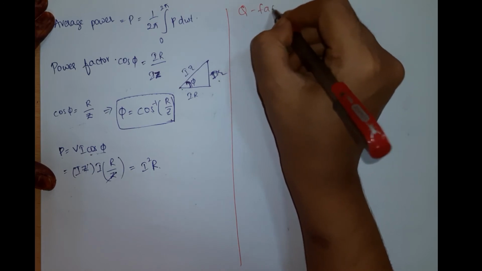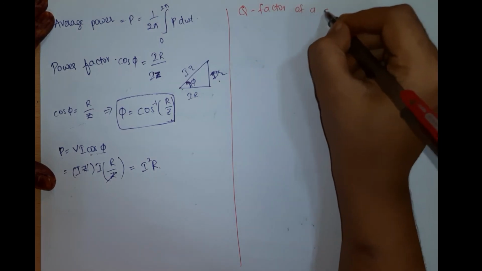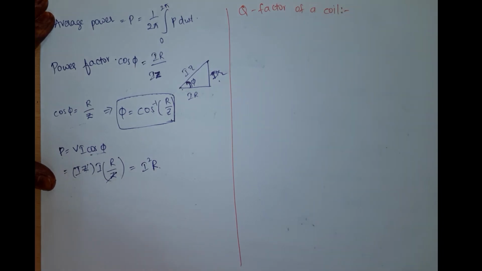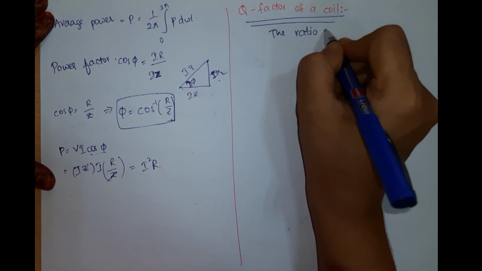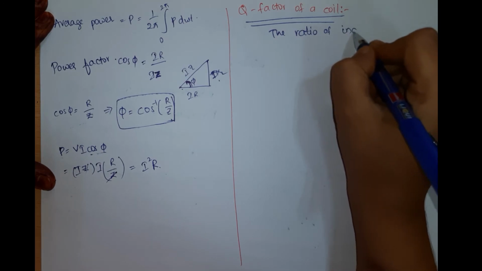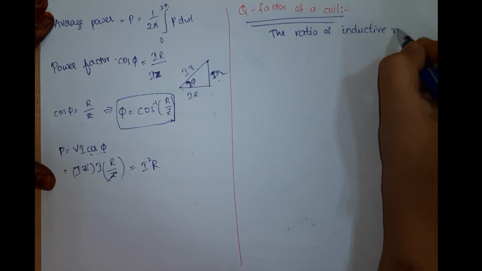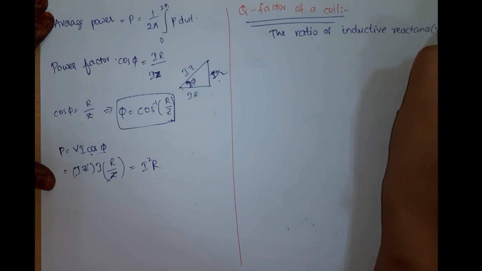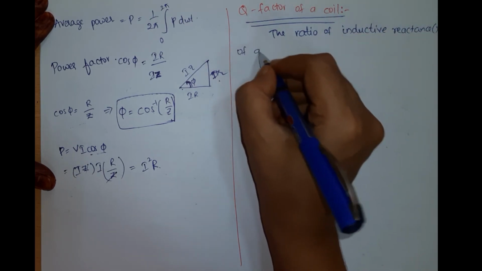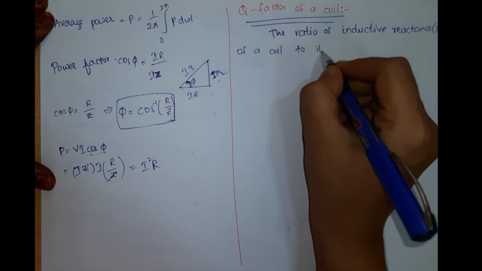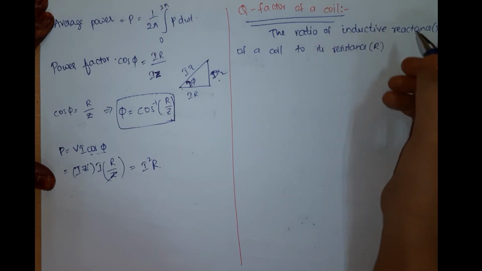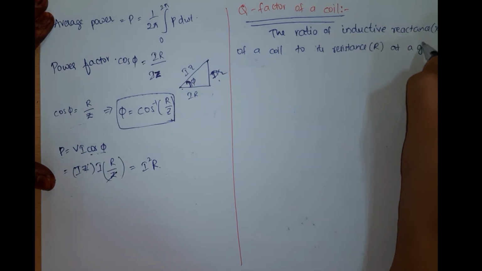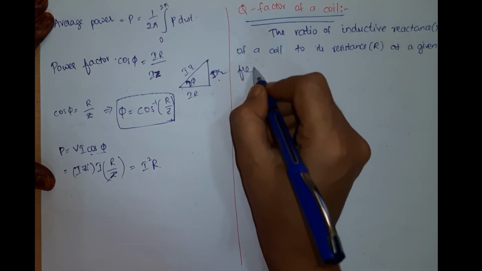Q factor, or quality factor of a coil. This quality factor is nothing but the ratio of the inductive reactance XL of a coil to its resistance R at a given frequency.